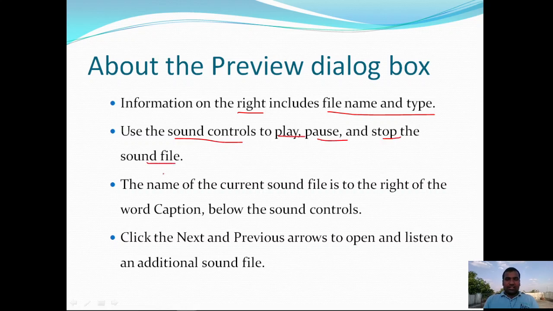These options are there. The name of the current sound file is going to be displayed below the sound controls, right side of the word caption. Click on the next and previous arrows to open and listen to additional sound files that are displayed.